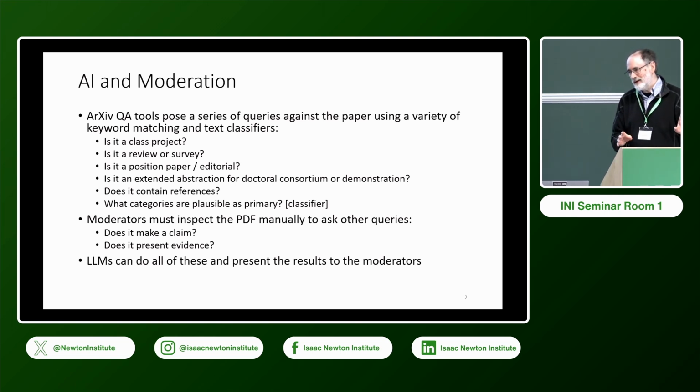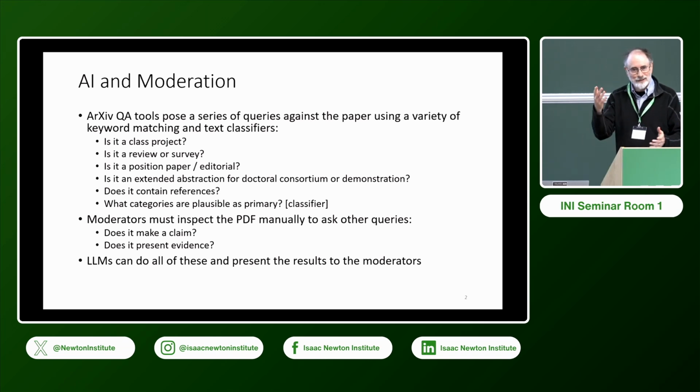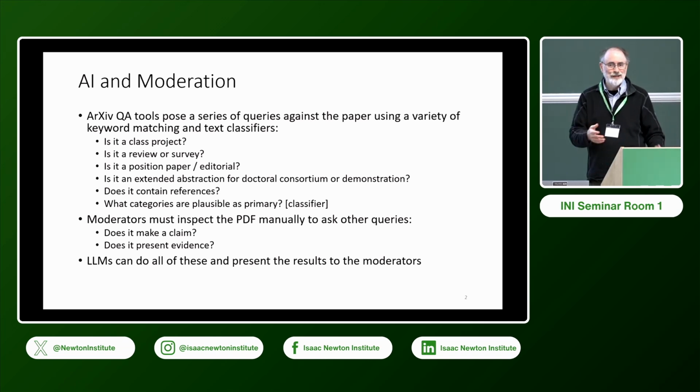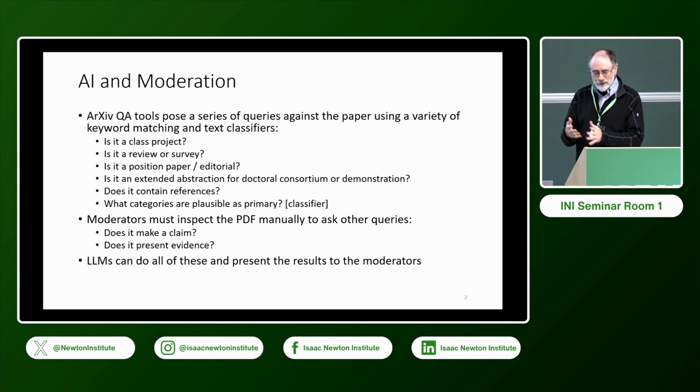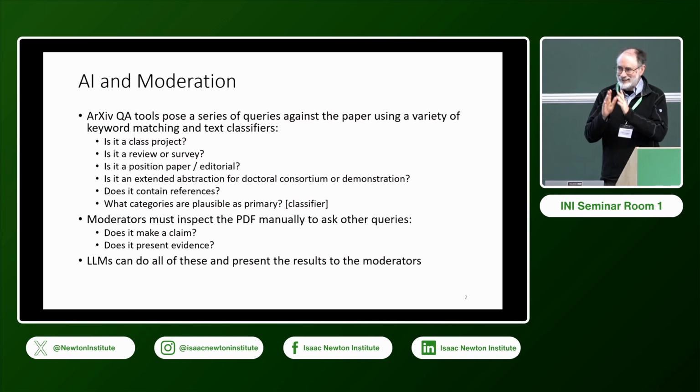There is one downside, however, which is that one of the fun aspects of being a moderator is you get to see the interesting papers as they go by. And those are precisely the ones that don't trigger any of these quality problems. So I think we are also going to need to ask the LLM each day to recommend 5 papers to this moderator that they will want to look at, just as a reward for finishing their moderation work.